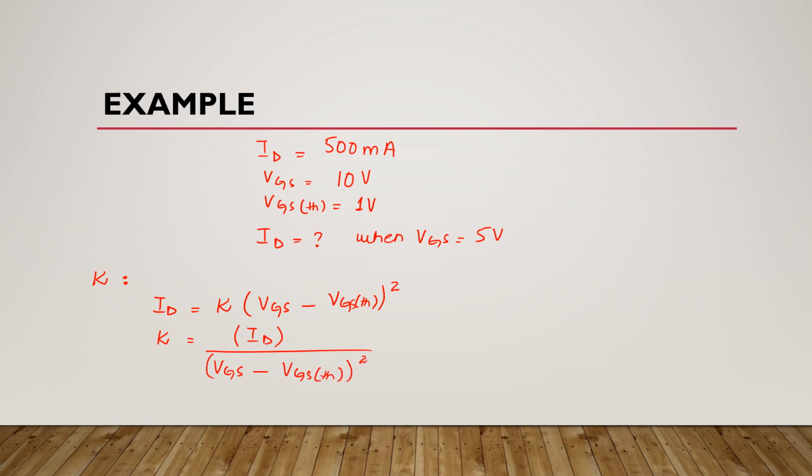Now if we put these given values here, we know that ID is 500 milliamperes, gate to source voltage is 10 volts and threshold voltage is 1 volt, and here we have whole square. Now after solving this you will get 6.17 milliamperes per volt square. Okay, so this is the value of K.